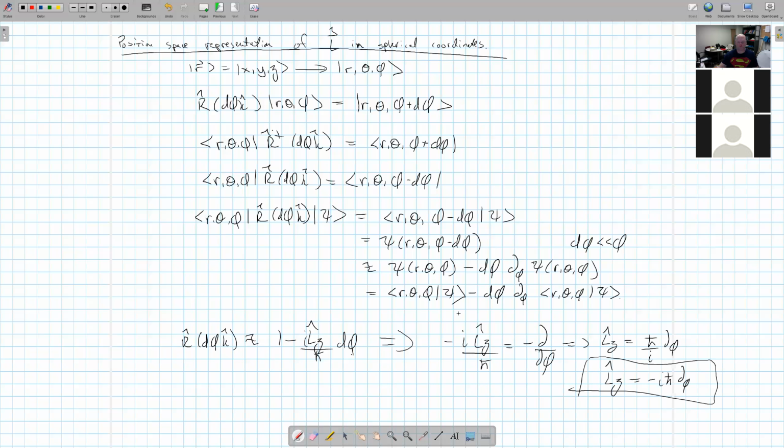Now, if we compare that with the momentum operator, remember the momentum operator in the x direction was equal to minus i h bar partial x. So this has exactly the same type of structure as the momentum operator.